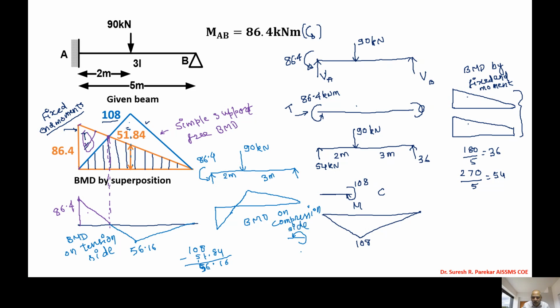I will take this as 86.4 and it will go below. And if I calculate at this point, due to the reaction, it will go up, and then we are going to get this value, 56.16. And then we will have the same diagram, only opposite. So this is on the compression side. This diagram is on the tension side.